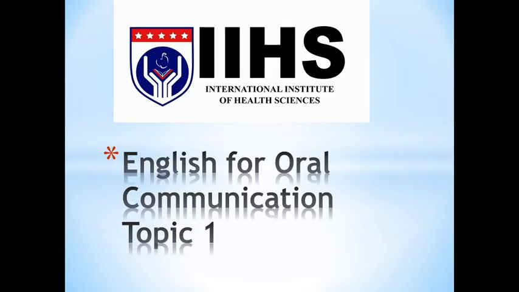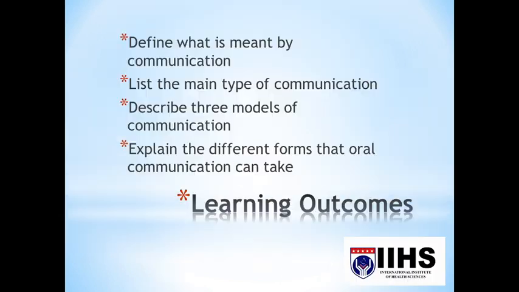The first unit of your module is English for Communication. The learning outcomes are: define what is meant by communication, list the main types of communication, describe 3 models of communication, explain the different forms that oral communication can take.